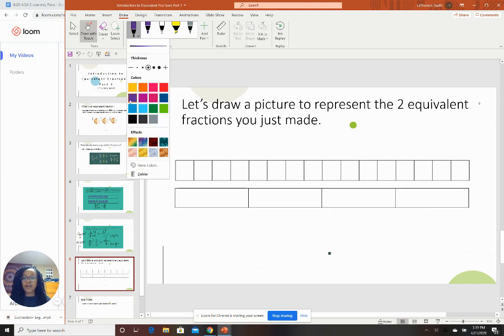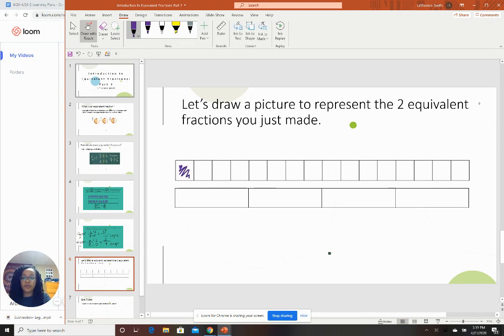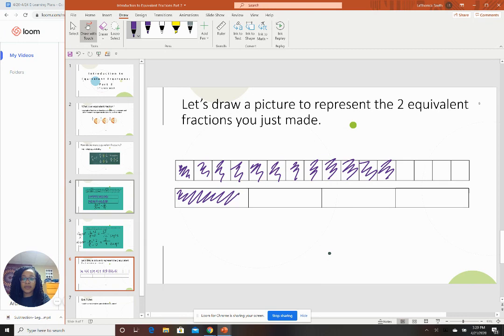It was 12/16, so I'm going to color in 12. 1, 2, 3, 4, 5, 6, 7, 8, 9, 10, 11, 12. And then the other one was 3/4. So let's do the 3/4. 1, 2, 3/4.